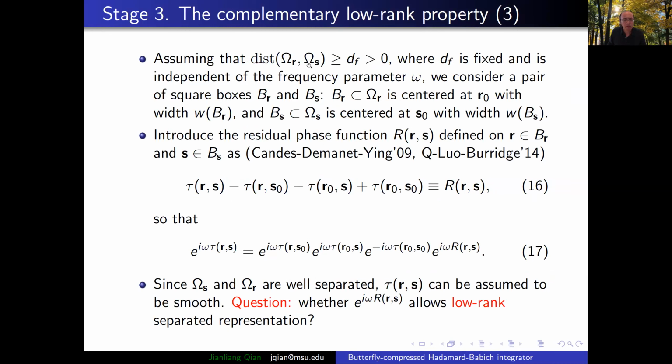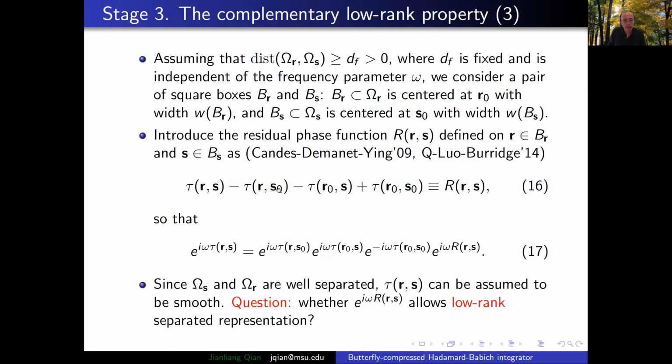Assume that the source and receiver domains are well separated, and we consider two small square boxes in those two domains, BR and BS. Then we consider the so-called residual phase function. Essentially we have tau RS, that's the phase function, where S is the source and R is the receiver.